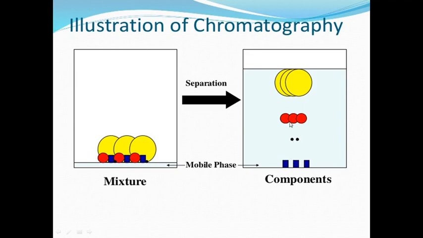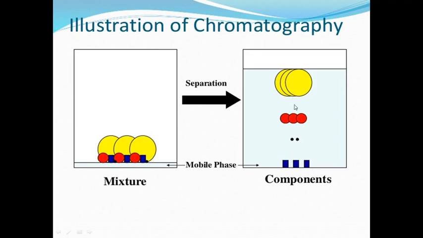And these show somewhat more affinity toward the mobile phase comparatively, so they travel more distance. And this yellow analyte shows the most affinity toward the mobile phase and less affinity toward the stationary phase, so it travels the most distance.